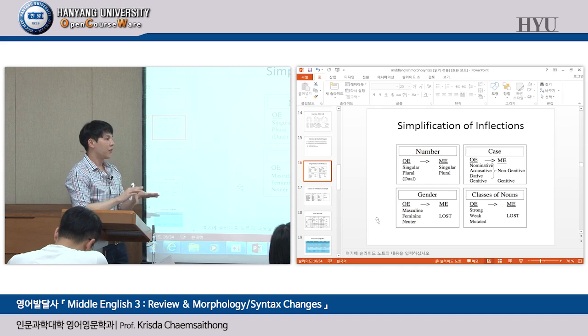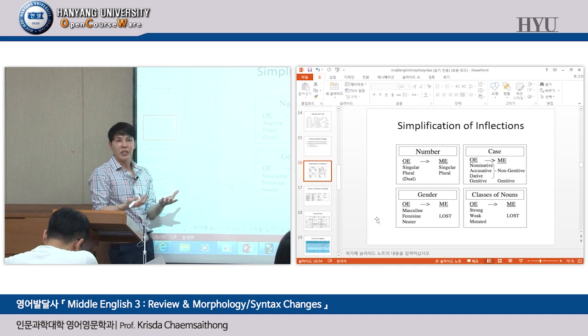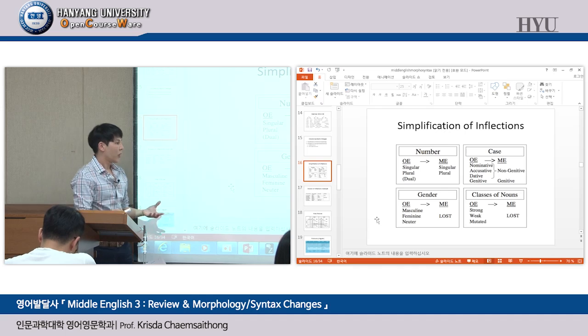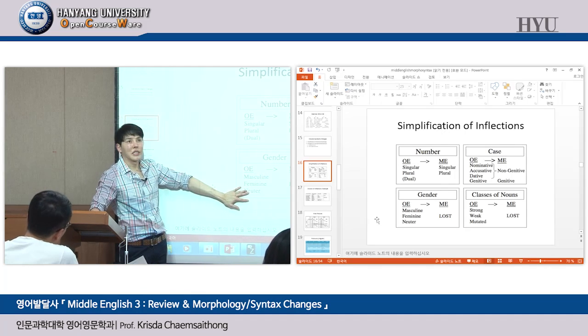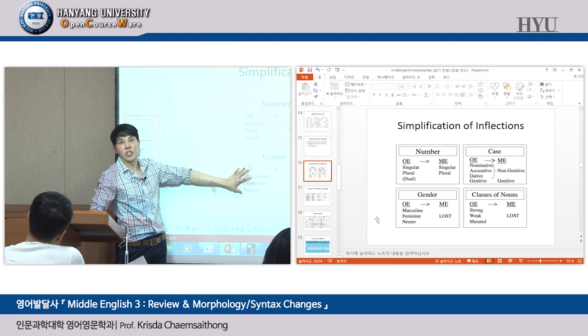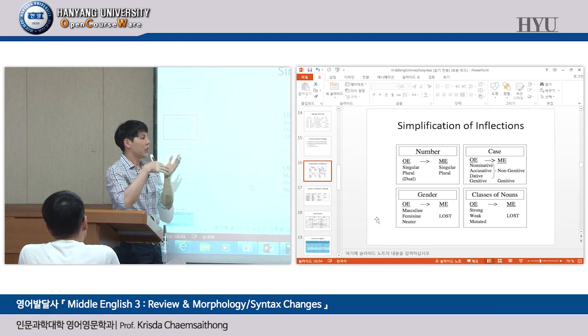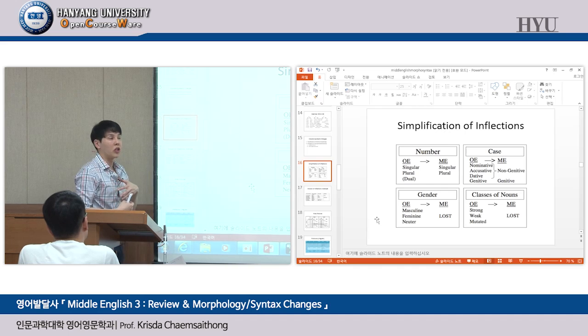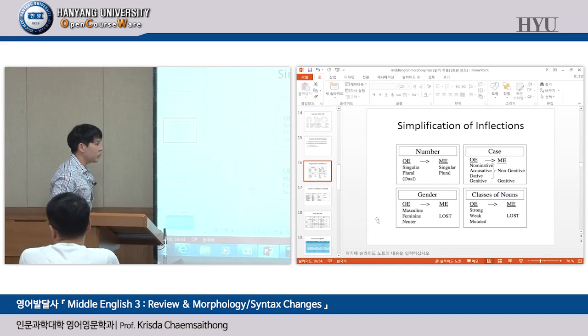But if it is a thing, it's no gender. So what we call masculine, feminine, neuter here is grammatical gender. So grammatical gender is lost, replaced by natural gender or biological gender. Gender is not important, in other words.